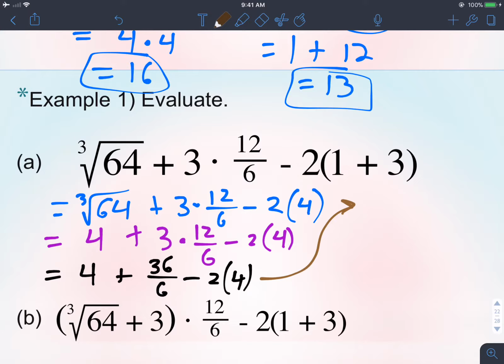Four plus 36 divided by 6 minus 2 times 4. What comes next?